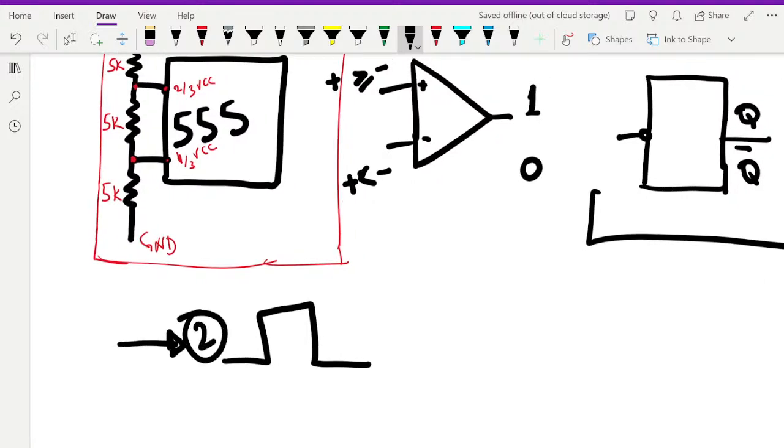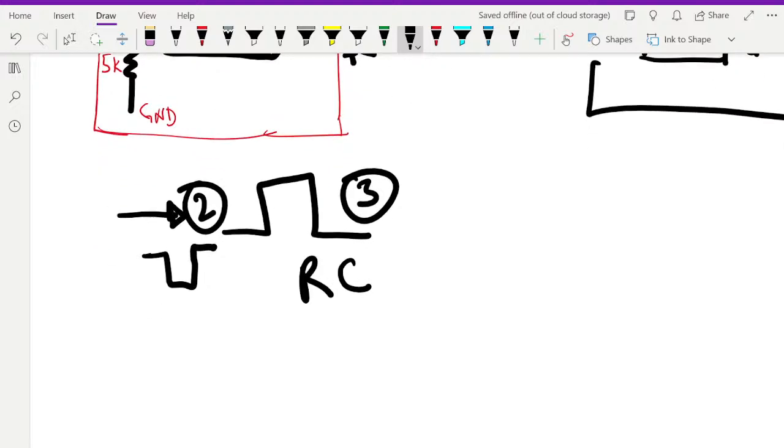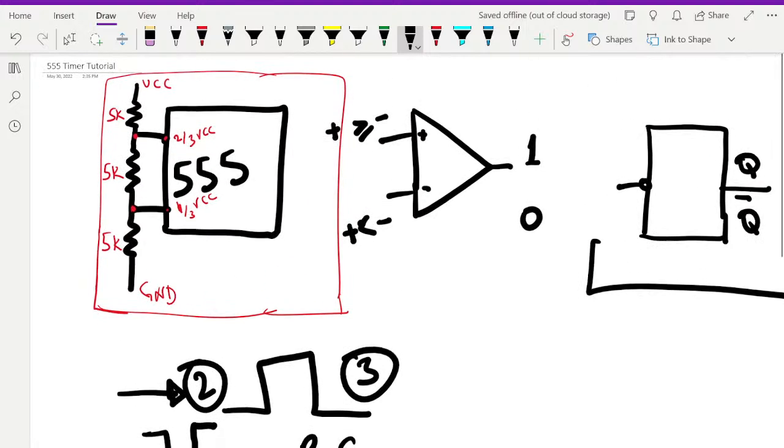We can send a low-going pulse to pin number 2, and it will get our pin number 3 high for a time set by RC. Again, this is revision, but we will go through it later in another video. We just want to get quickly to the video we want to do today. So when you send a low pulse, the output goes high and stays on for the time determined by RC, then goes low again and waits for you to do another trigger.